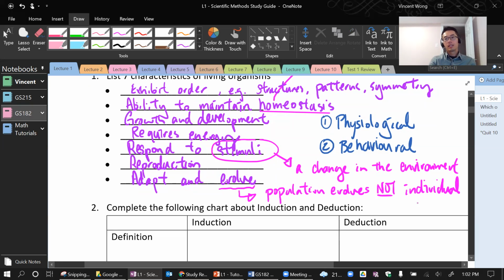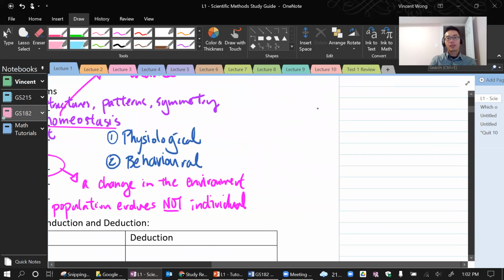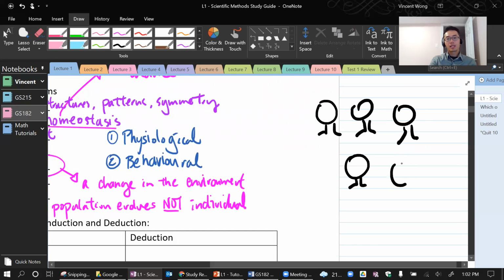Okay, so let me just give you a very, very brief crash course explanation of evolution. Let's say there is an organism, and these organisms have two versions of them. Some of them have good long fur, others don't.